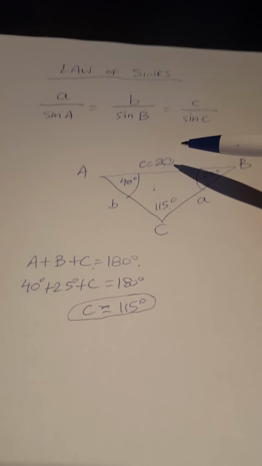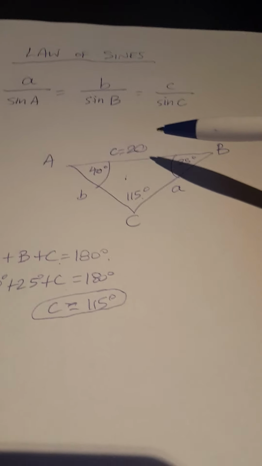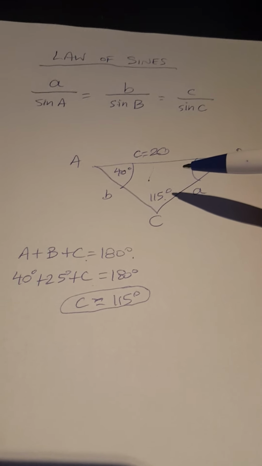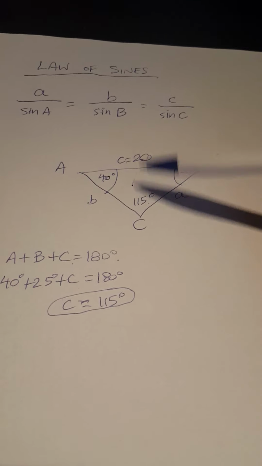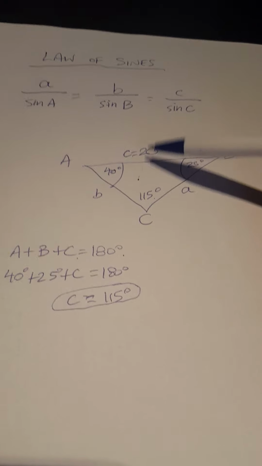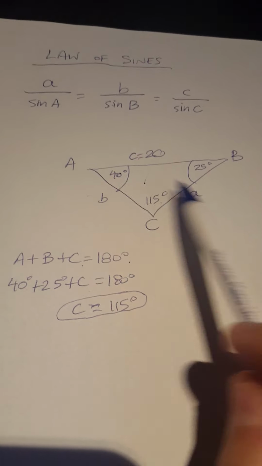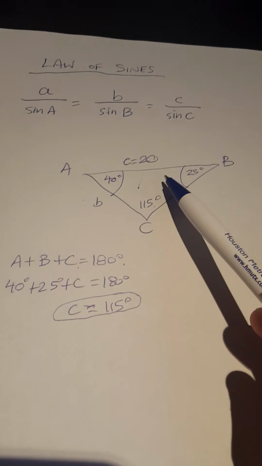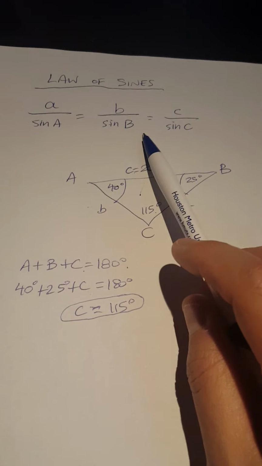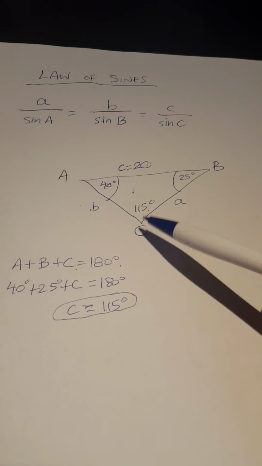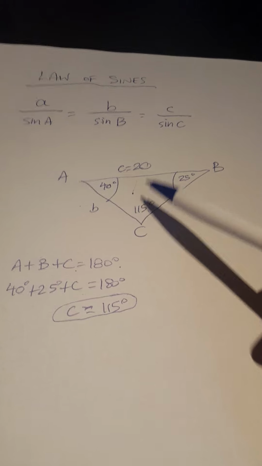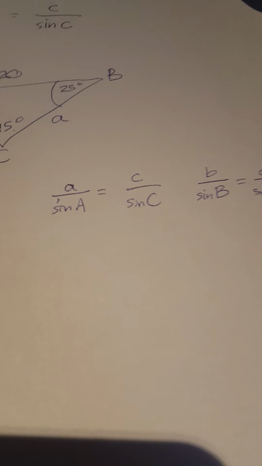If you don't, then that's another formula called law of cosines, but we're not there yet. So here we see that we can proceed because we have both the C's. If you have both the A's or both the B's, you can solve for something. We don't have both of those, but we do have the C's, so we can use that.